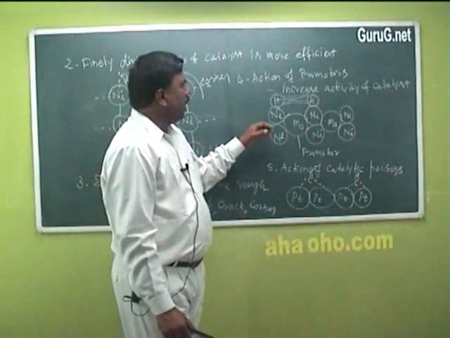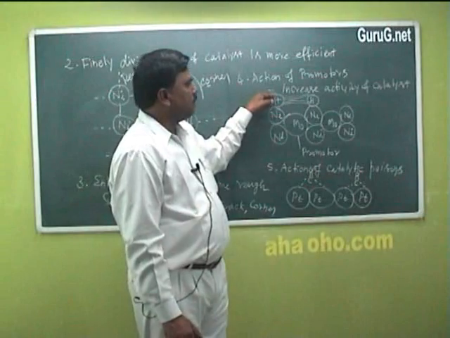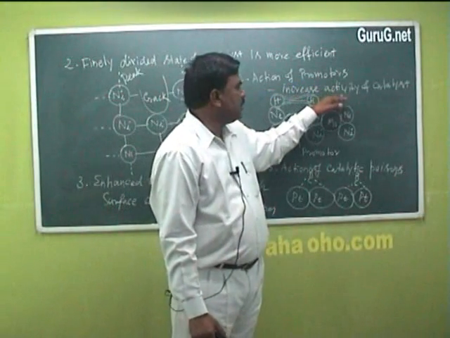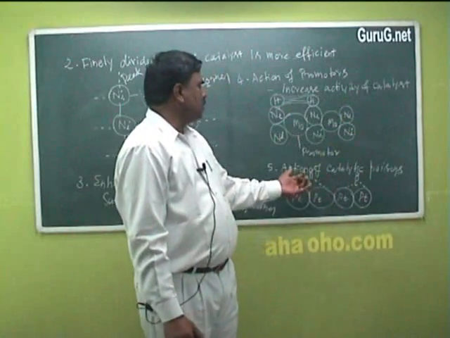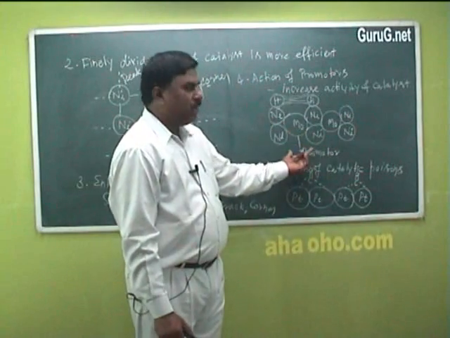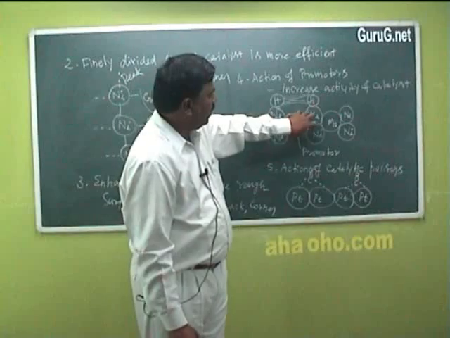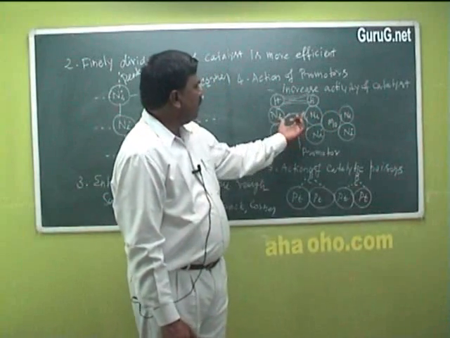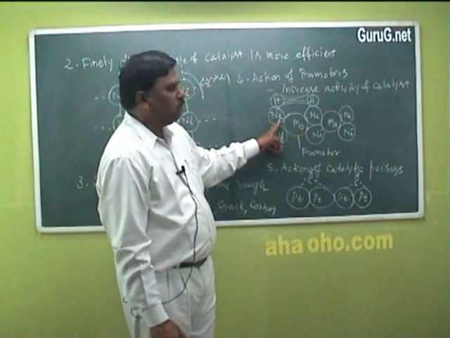And the third one is action of promoters. What are promoters? A promoter is a substance which increases the activity of the catalyst. For example, when you take this nickel catalyst, Mo is the promoter that will go inside and occupy the position inside the nickel, that will increase the distance between the two nickel atoms.